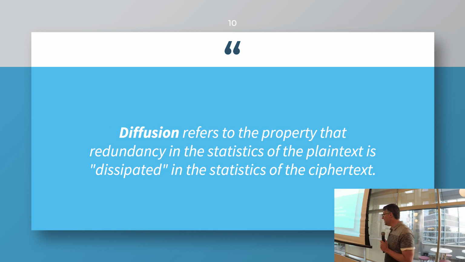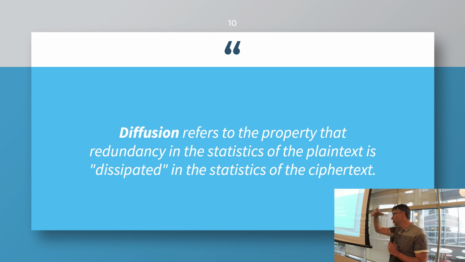Diffusion refers to the property that redundancy in the statistics of the plaintext is dissipated in the statistics of the ciphertext. What this means is that instead of working just in a small area and mangling it up, we want to make sure that any one small piece has a large impact across other parts of our data as we're encrypting.